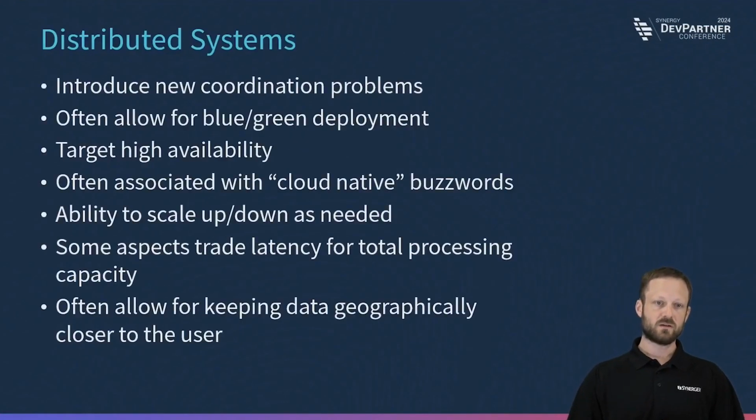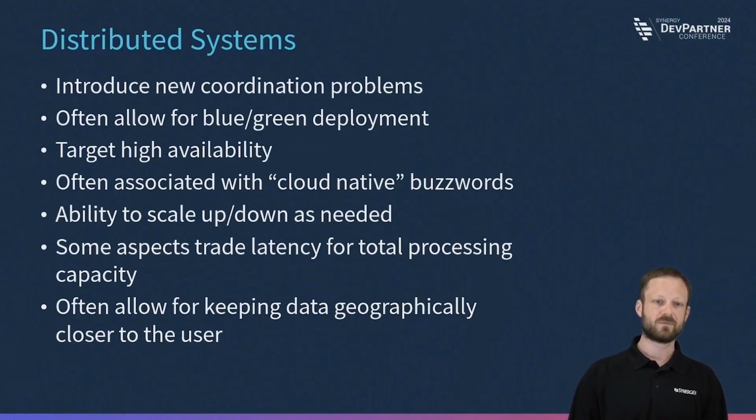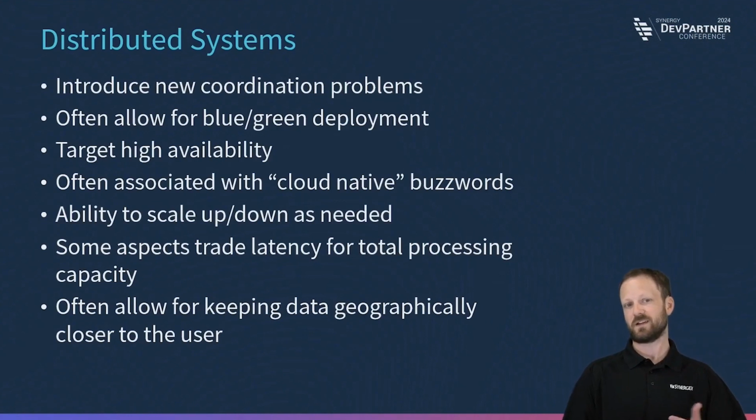So we're talking here about distributed systems, and so there's new problems. There's things that people use distributed systems for. There's reasons why we care. Distributed systems are going to give you a new set of coordination problems.